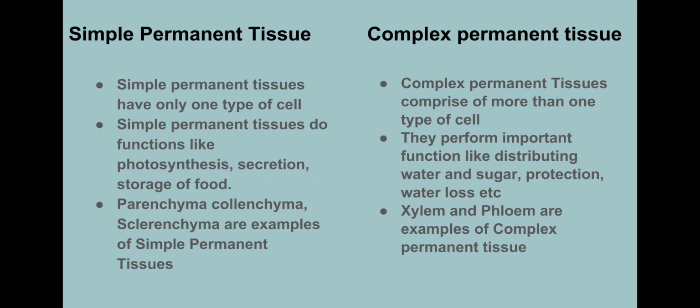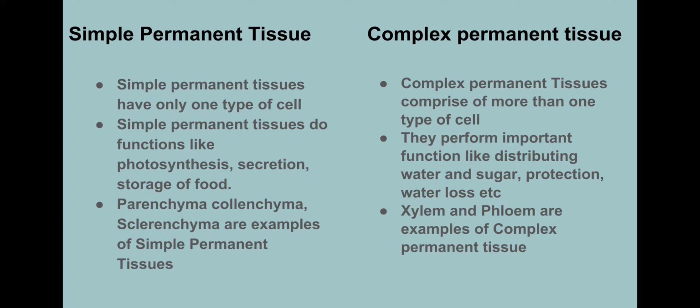So simple permanent tissues are tissues which have only one type of cells. However, complex permanent tissues have more than one type of cells. Simple permanent tissues do functions like photosynthesis, secretion, and storage of food, while complex permanent tissues are known for the distribution of water and photosynthetic products.